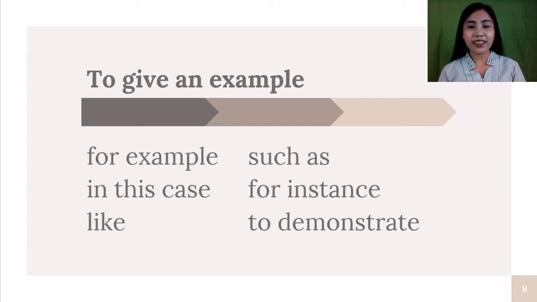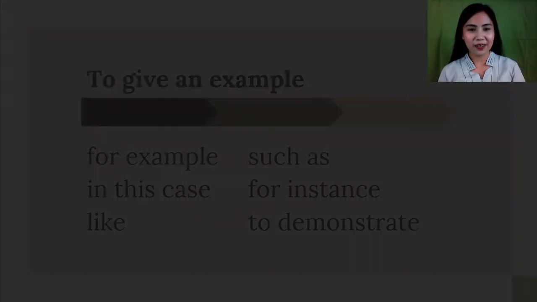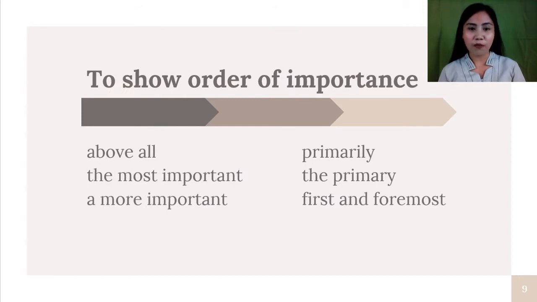Here are the grammatical signals or expressions you may use in a general to particular pattern of idea development. To give an example, you may use for example, in this case, like, such as, for instance, to demonstrate. To show order of importance, your options are above all, the most important, a more important, primarily, the primary, first and foremost.